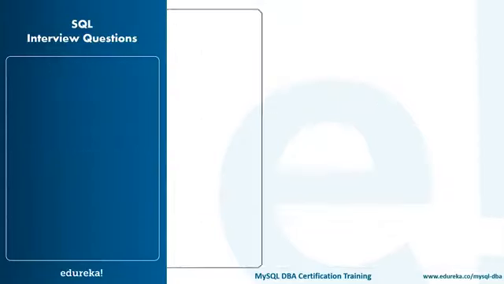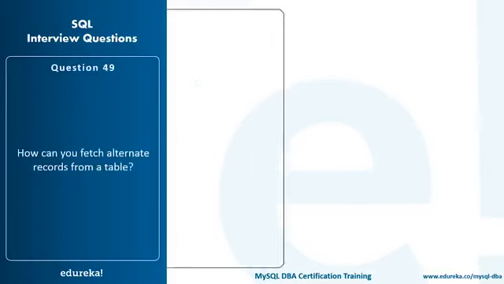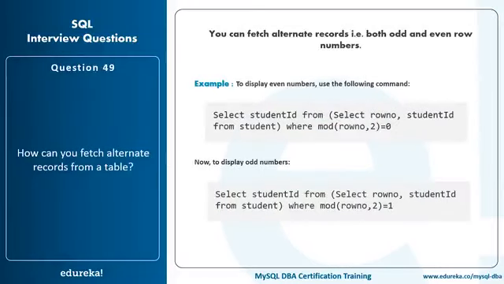Let's move forward to the next question, that is, how can you fetch alternate records from a table? When you answer this question, please make sure that you mention that you can fetch alternate records, that is both the odd and the even row numbers. Now to display the even row numbers, you can use a command like select student ID from (select row number, student ID from student) where mod(row number, 2) equal to 0.